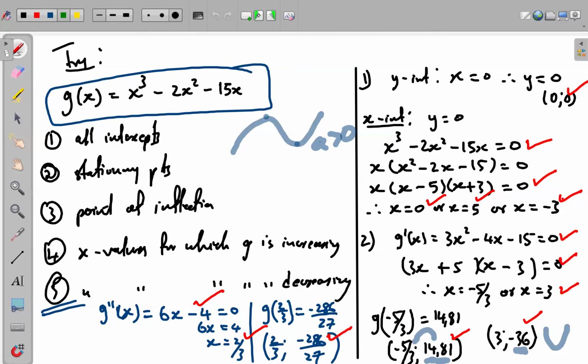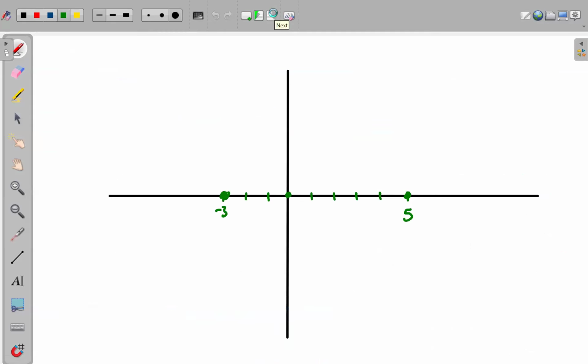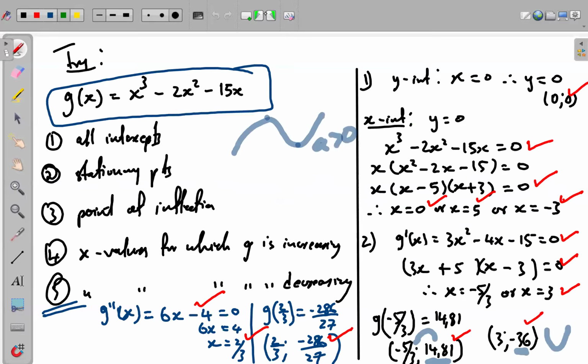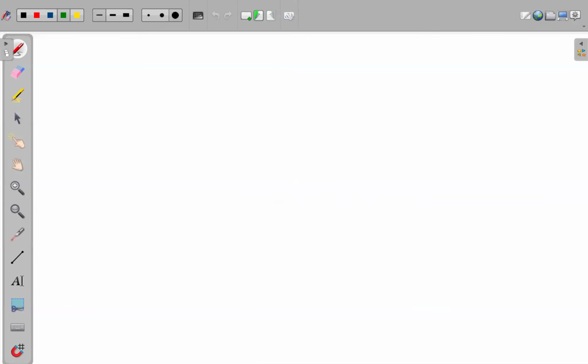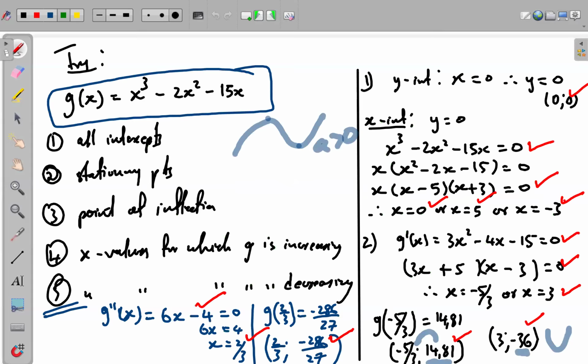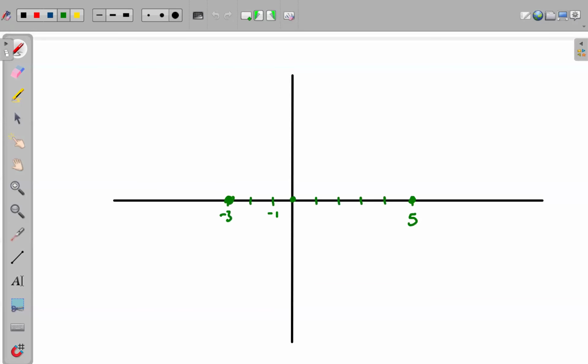But it's a negative, so this is negative 1. So it's going to be somewhere here, but then the y value is a 14. So surely it's somewhere there. This is not drawn to scale.